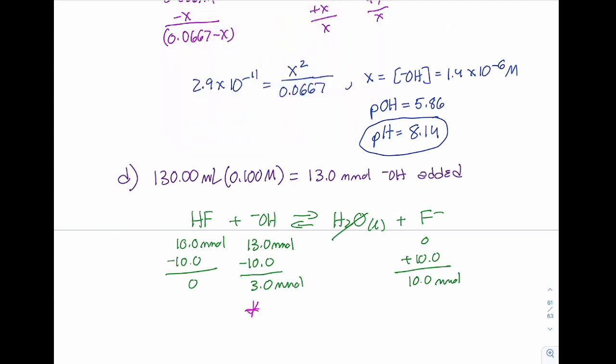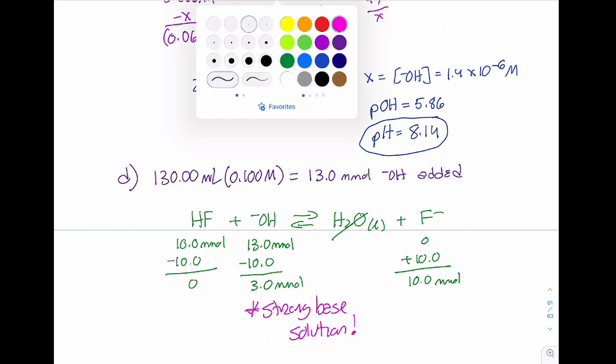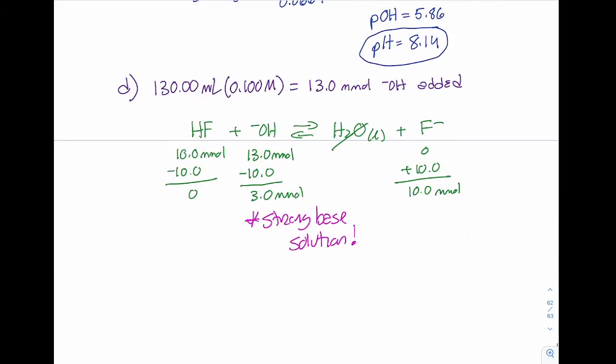So what I have is a strong base solution. So we need to convert that to concentration. My total volume at this point: we started out with 50 milliliters, I've added 130 milliliters to it.